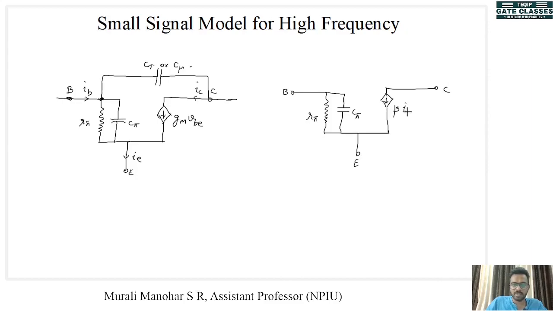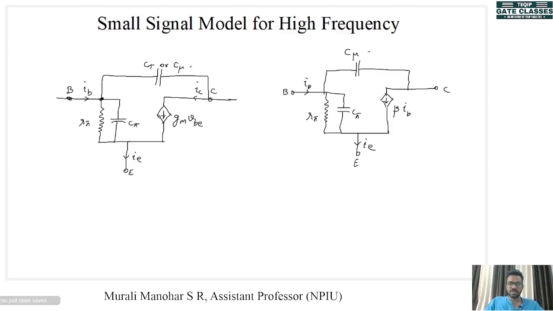This is beta IB, this is IB, this is IE, and there is one more capacitance between base and collector, and this is C mu. So this is the model. This is the high frequency model. We can use either the one on the left or the one on the right.